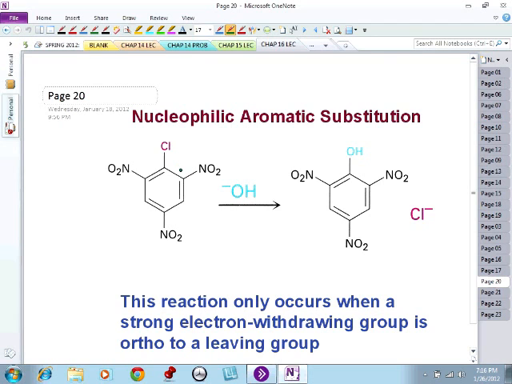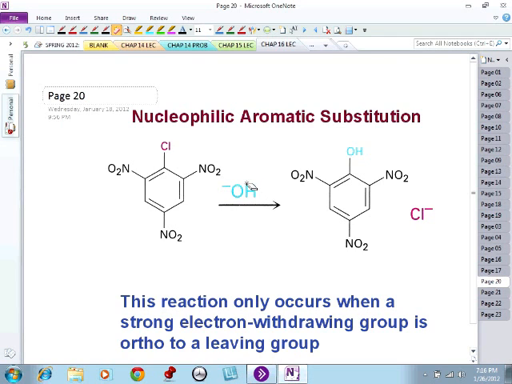Anytime you have a benzene molecule in which you have a halogen attached to it, and you also have an electron withdrawing group, the halogen could be chlorine, bromine. Anytime you have an electron withdrawing group, like in this case you have a nitro group, you could get what we call nucleophilic aromatic substitution.